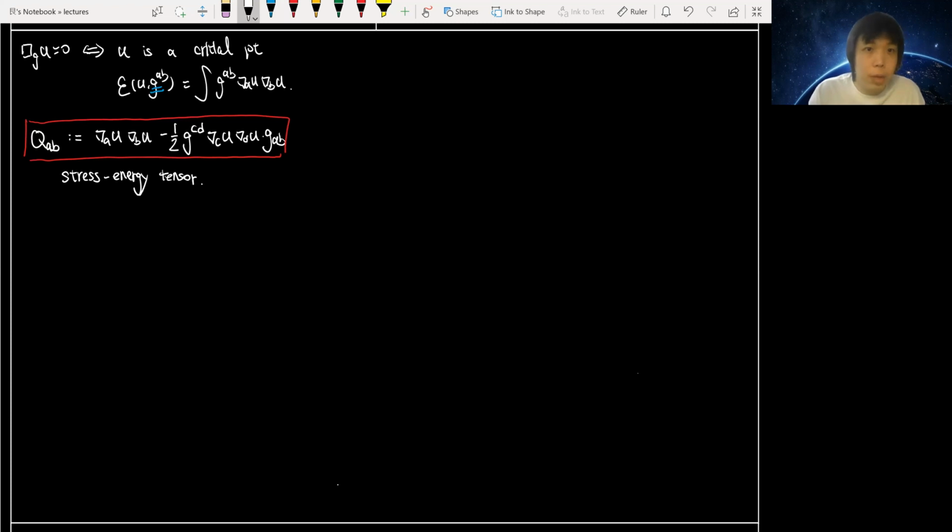Okay, so this stress energy tensor has two very important properties. First, if you contract it with two future vectors, it will give you something non-negative. That is more or less du squared when X and Y are future vectors.